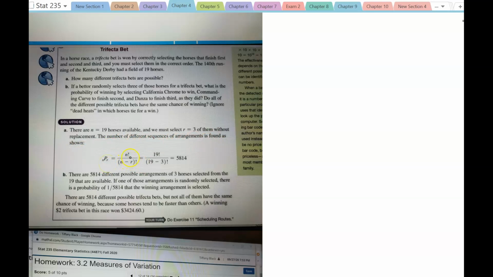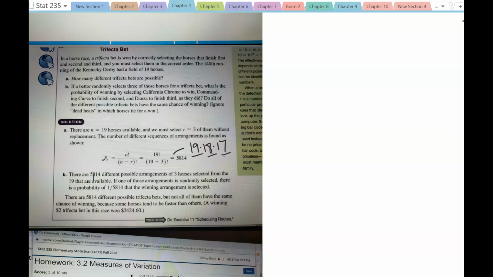So here your formula is n factorial over n minus r factorial, and this is basically 19 times 18 times 17, for the first horse that wins, second horse, and third horse that wins out of 19 total horses. That tells you there are 5,814 different possible arrangements.